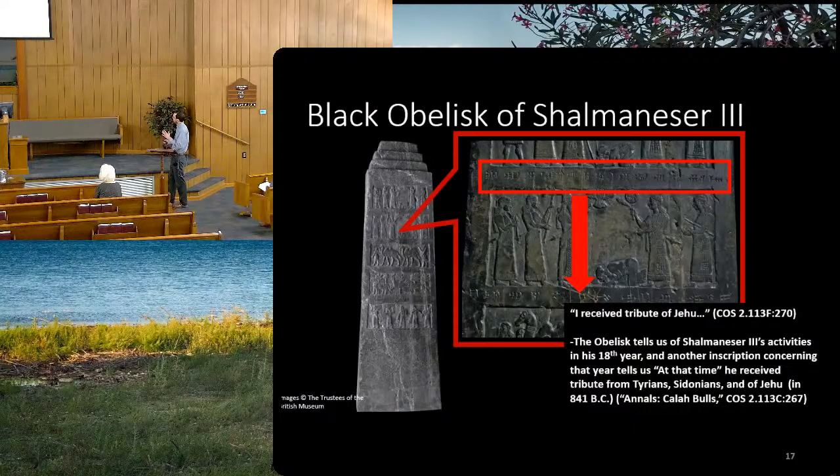There are a few things that it doesn't say to help give you a timeline, but there's another text referenced here that gives us that this was happening in the 18th year of Shalmaneser III. Part of the quote is that at that time he received tribute from different groups, but it mentions Jehu in this other text. So this is a very good anchor point.